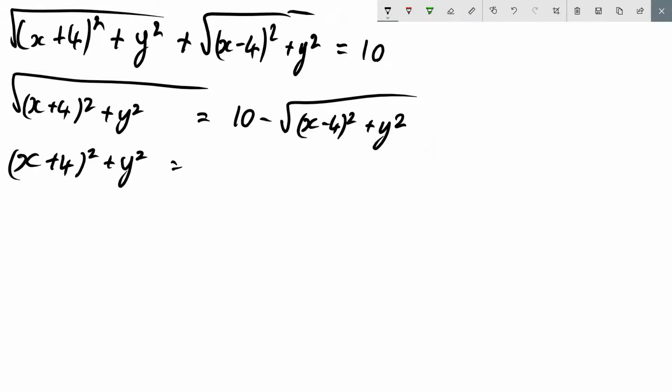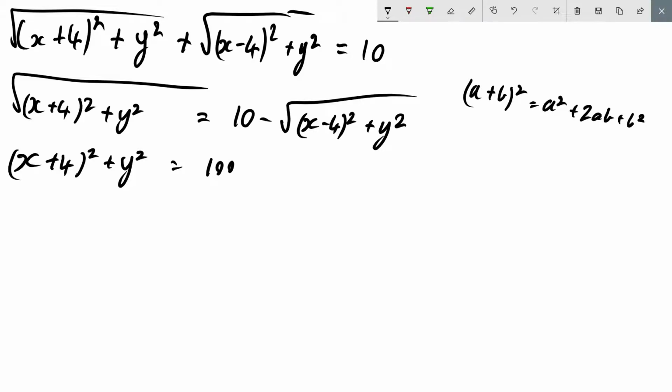But on this side, it's going to follow a perfect square rule. So (a plus b) squared is going to become a squared plus 2ab plus b squared. With that in mind, 10 squared is going to be 100.